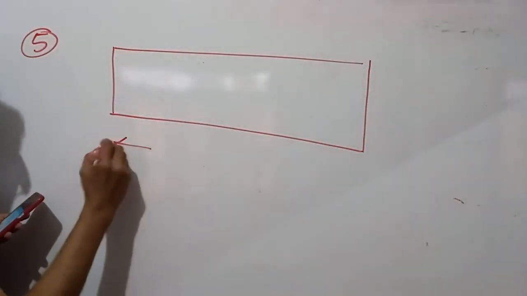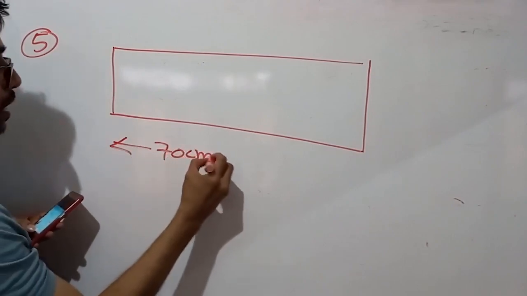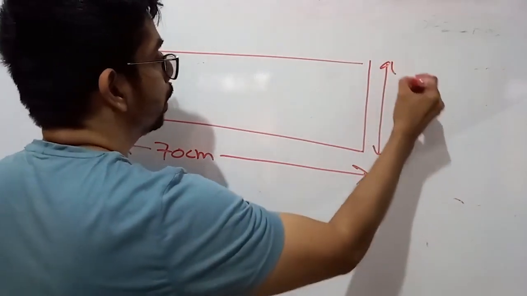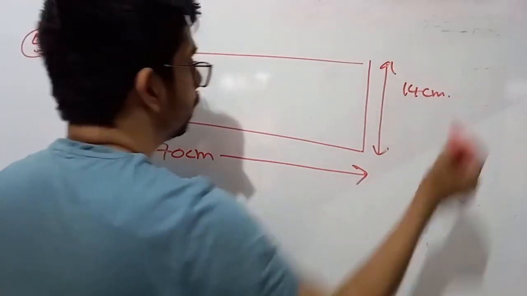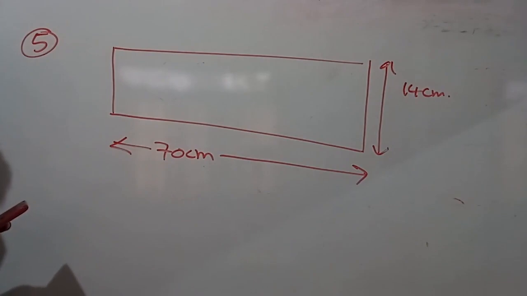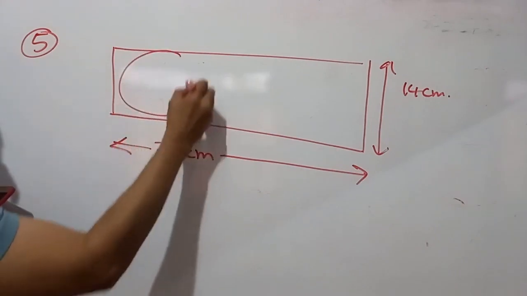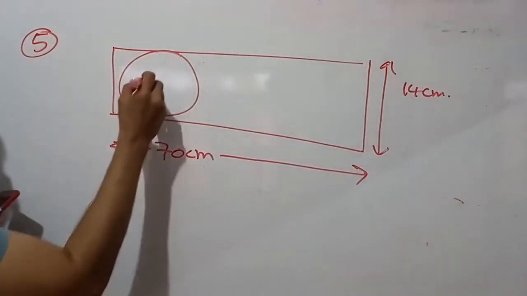The length is what? 70 centimeters. What is the width? 14. අපෙන් අහන්නේ මොකද්ද? What is the maximum number of circular laminas of radius 7? Making round කීයක් කපන්න ඕන පුළුවන්ද කියලා අහනවා.